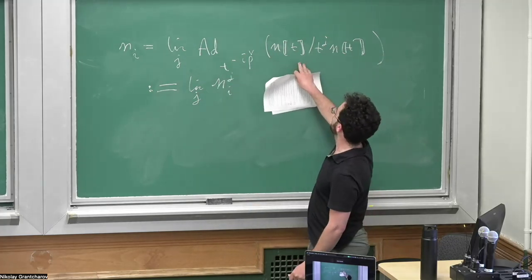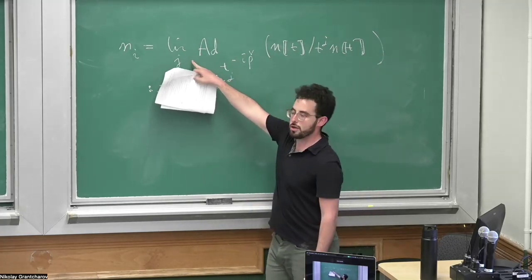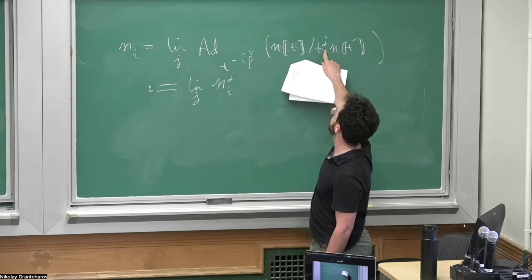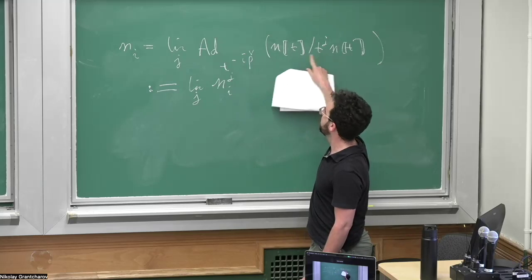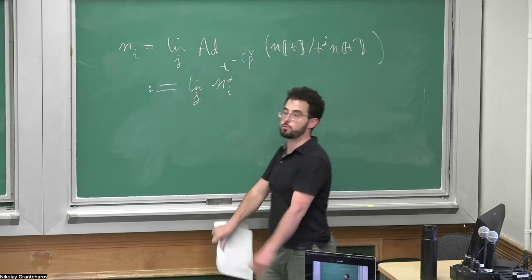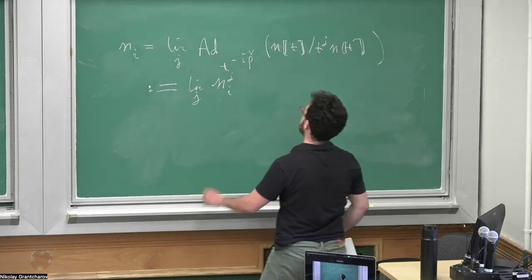So basically, here we're taking a limit, so we take a completion when we allow higher and higher powers. But when we take the adjoint action, we make it start with smaller powers of t.